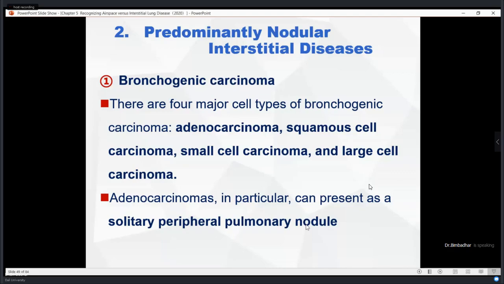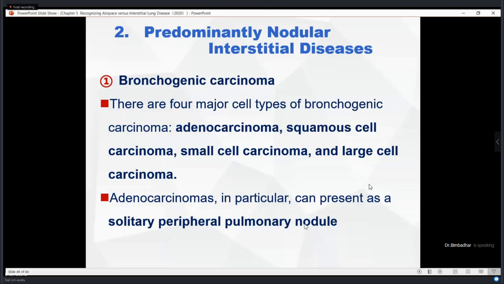It is a neoplasm. I can see a solitary pulmonary nodule, a small opacity present in a single part of a lung, around 1.5 centimeters to 3 centimeters. It can be diagnosed mostly as an adenocarcinoma, which has to be analyzed.